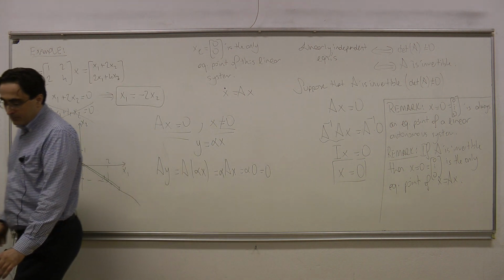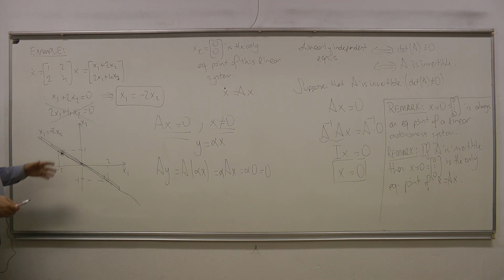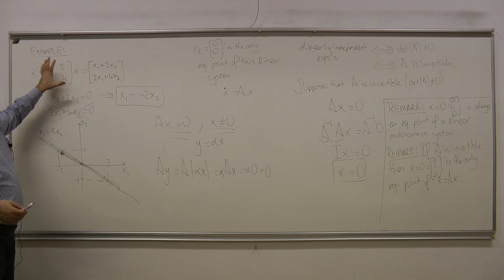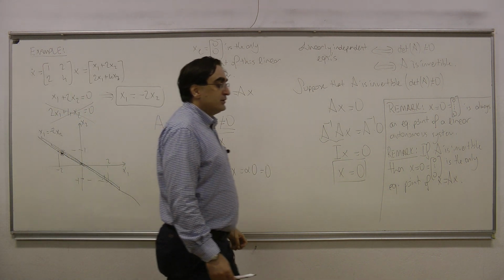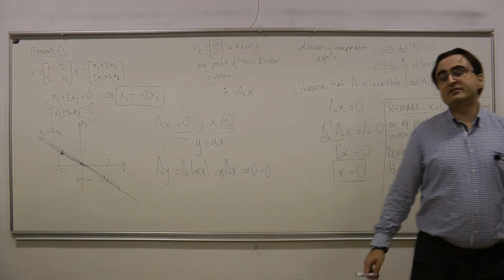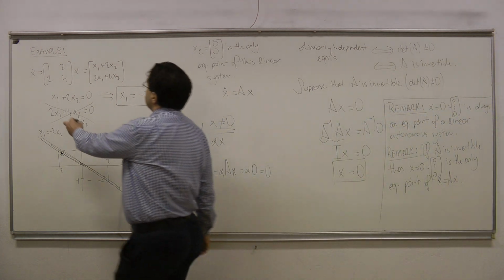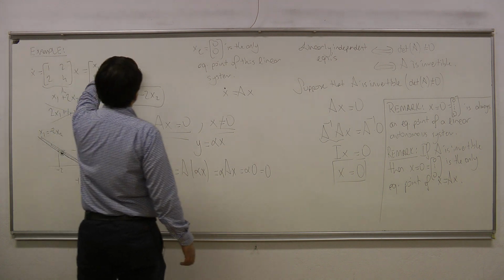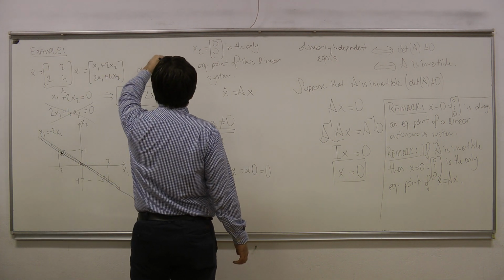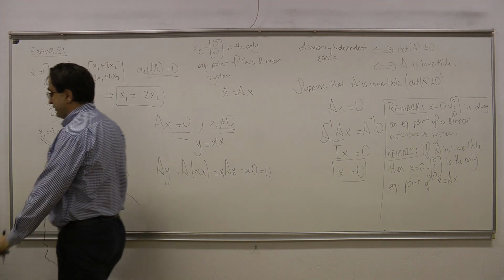So this is always the case, and this only happens when the determinant of A is exactly equal to 0. Now look at this A matrix, and in this case the determinant of A is exactly equal to 0.